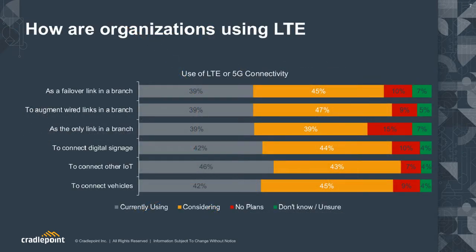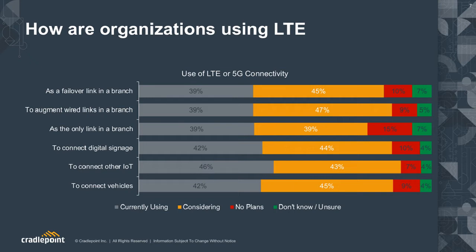So we can ask ourselves, are businesses using LTE as a WAN source, and how are they doing that? We actually just conducted a survey with several hundred businesses with IDG to understand how businesses are using cellular, how are they using Gigabit LTE, and is that changing over time?